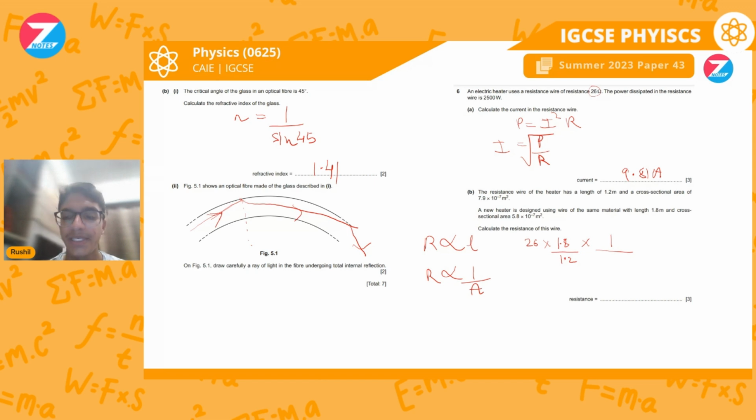So it's 1 by 5.8 by 7.9 × 10^-7, which is basically the reciprocal, 7.9 by 5.8, because 10^-7 just cancels out. So when we do 26 × 1.8/1.2 × 7.9/5.8, we get 53 ohms. So when you multiply 26 by the factors of change, you get 53 ohms.